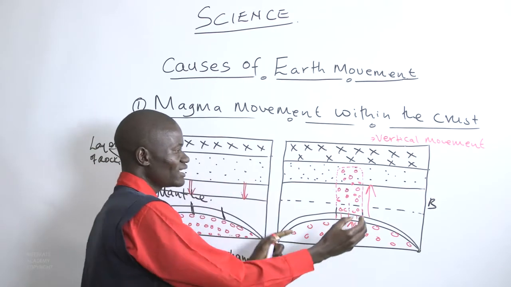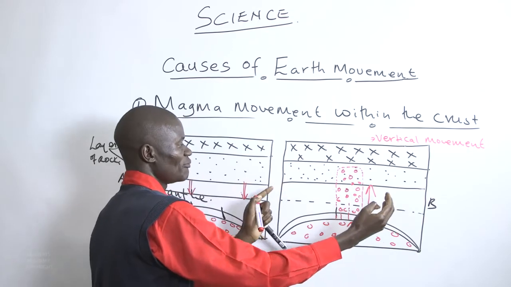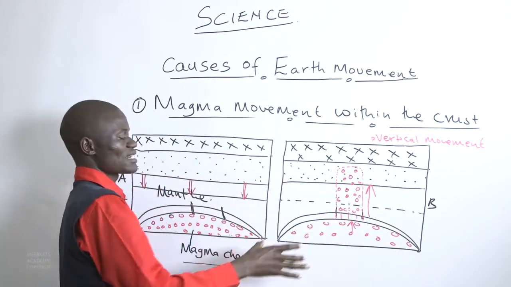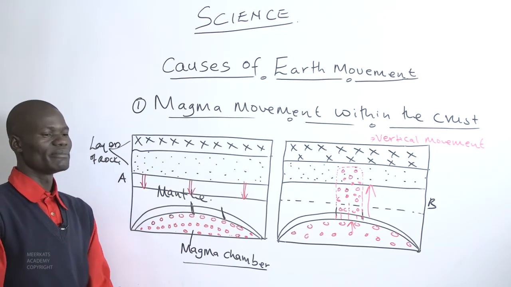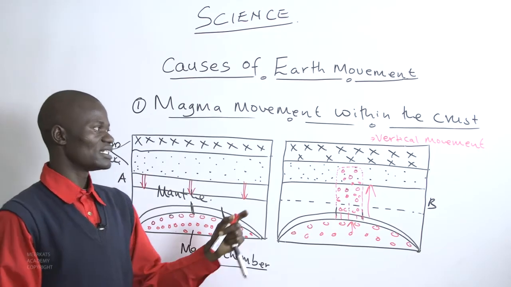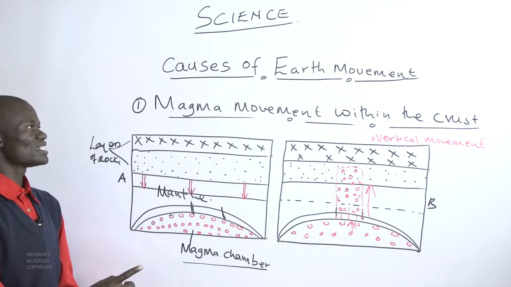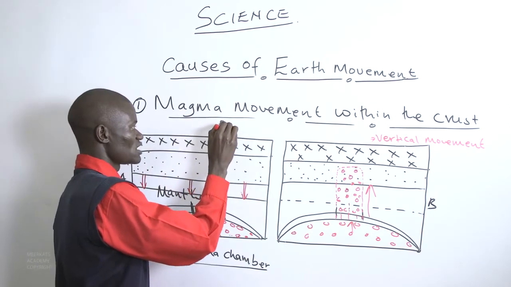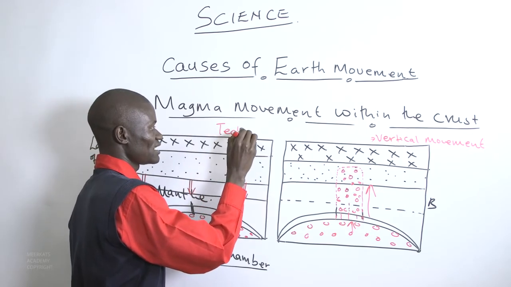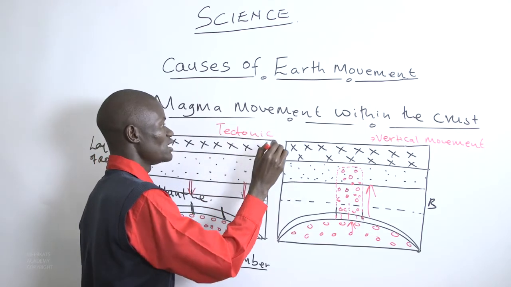Therefore, the crustal rocks, as they have been aligned into crustal layers, will be moved by a certain force, and that force we refer to as tectonic force. That tectonic force is the one that has resulted in this movement.